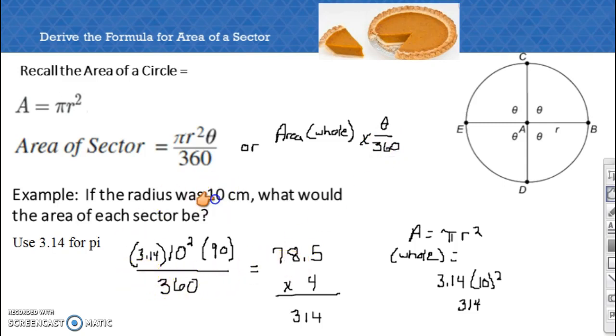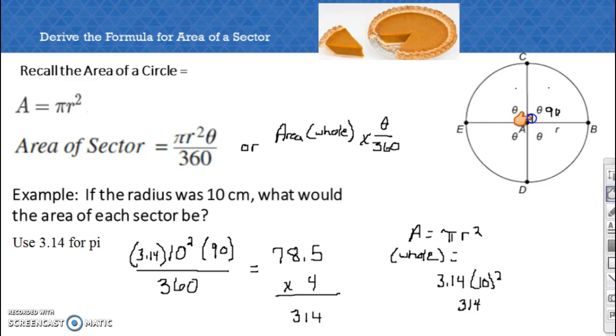If I told you that the radius was 10, what would be the area of each of these pieces? This is a right angle, so if we take 360 divided by 4, each of these represents a 90-degree angle.